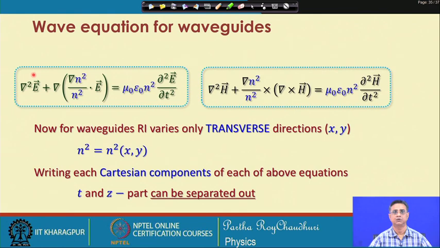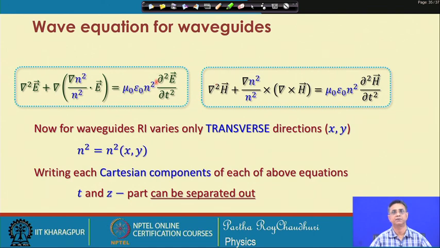Now, for the waveguides where the refractive index varies only in the transverse direction, that is along x and y, that is n of x, y, we can write n square equal to n square of x, y in these equations wherever I have n square. Writing each Cartesian component of each of the above equations, we can see that the t and z parts can be separated out.